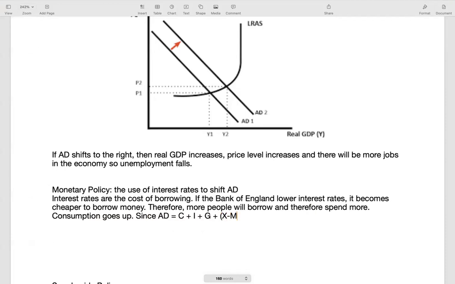So AD will also shift to the right since consumption went up. Does that make sense? Like if people go around and spend more, consumption goes up.